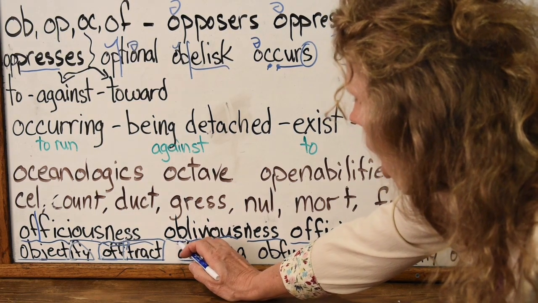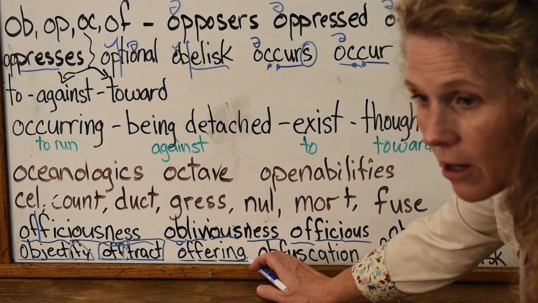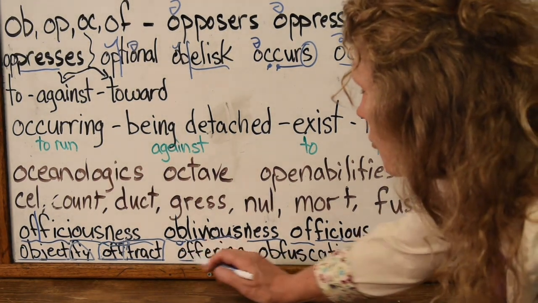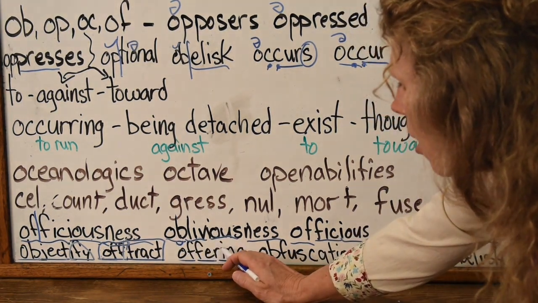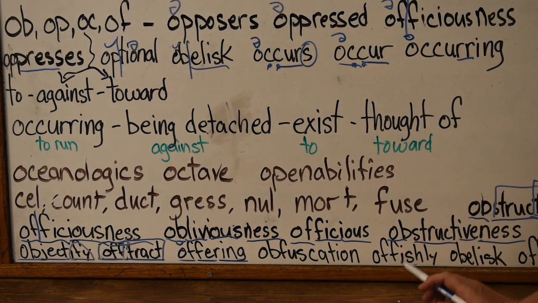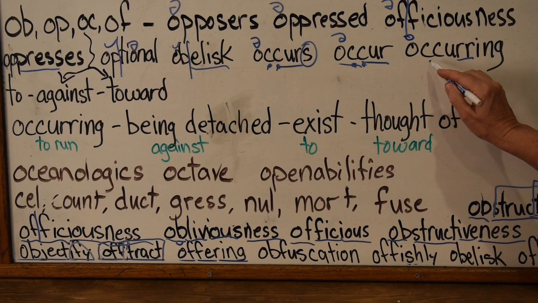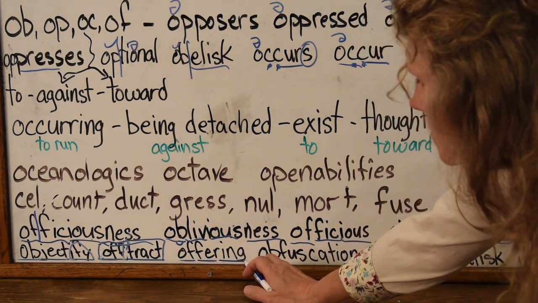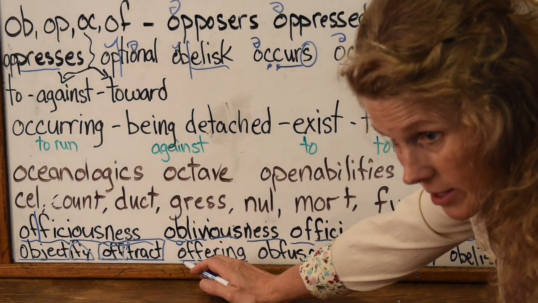It's not saying uffering. Are we saying uffering? No. Since it's saying offering, this R is not doubled like this R is doubled. See, this one says occurring, but this one says offering.